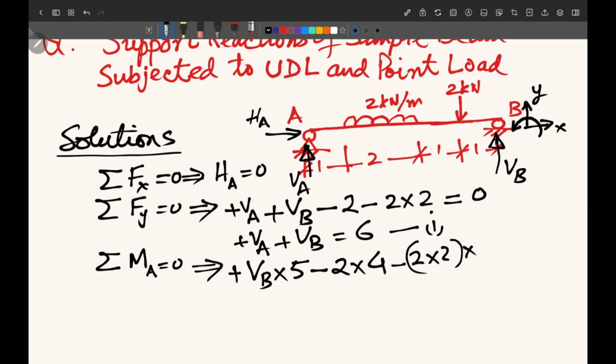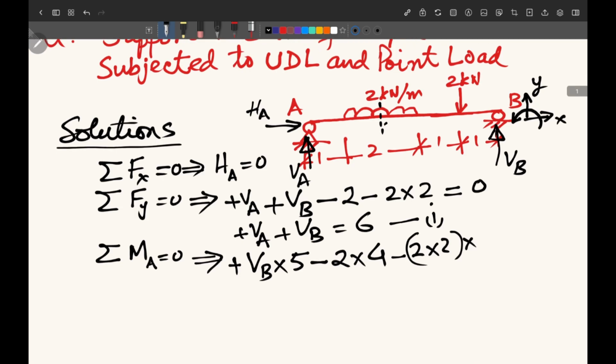Now we multiply by the distance of its centroid from point A. In the case of UDL, we have to take the center of the UDL, and from that we take the distance, which is half of 2, 1 meter, plus the distance from A to the starting point of the UDL, so 1 plus 1, that is 2. This whole thing is equal to 0 because there is no other moment.